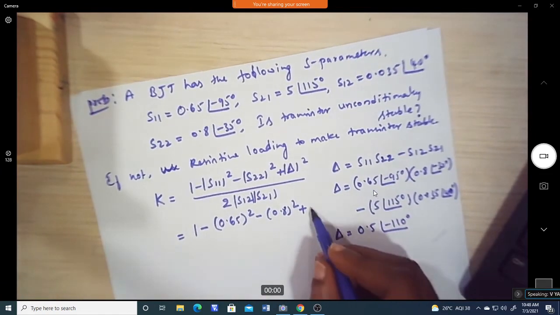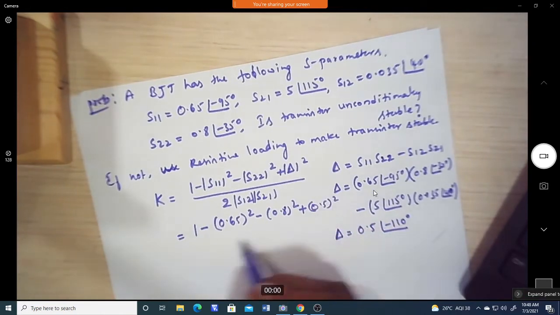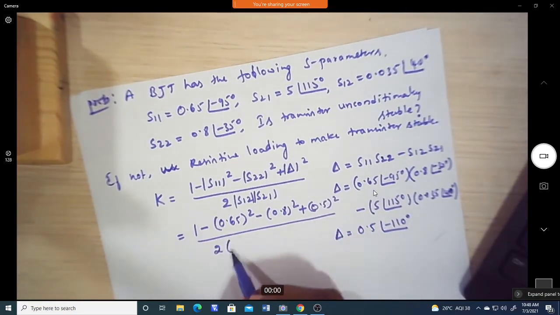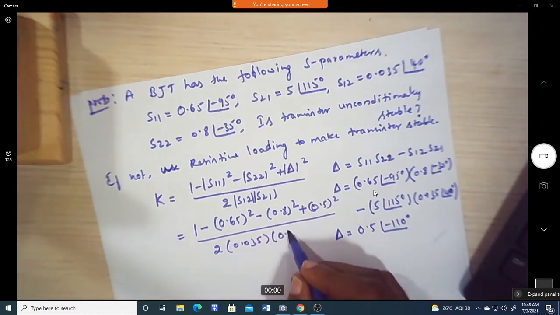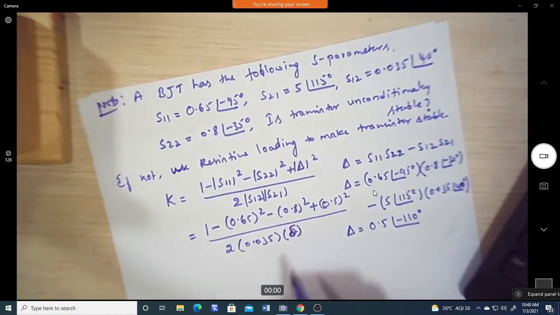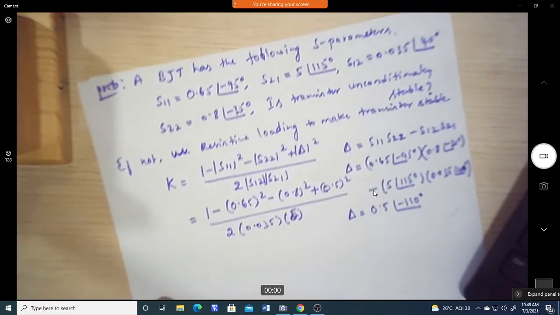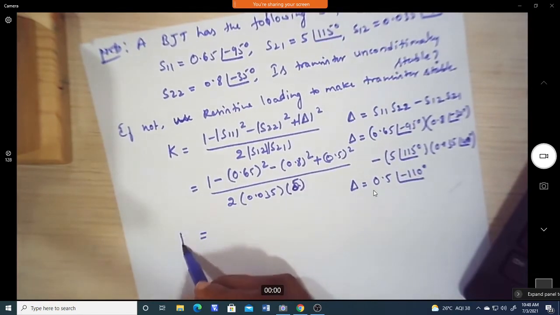Now we can put this 0.5 square here. This is divided by 2 times S12, which is 0.035, into S21, which is 5. So what is the value of K?